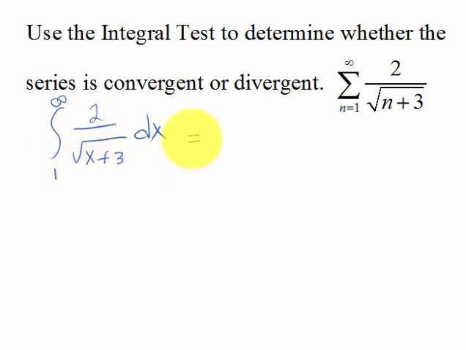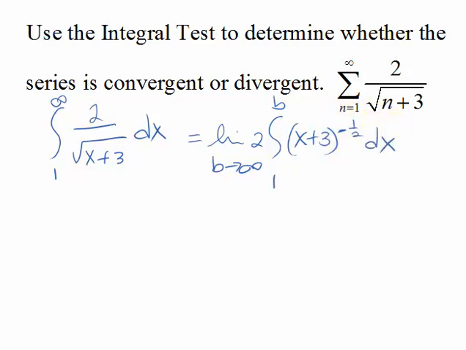So let's think of this as the limit as b goes to infinity, integrating from 1 to b, and we'll put this 2 out in front, and we're going to write this as x plus 3 to the minus 1/2 dx. Now as we look to integrate this, we would use the power rule in reverse, so we need one higher power here.